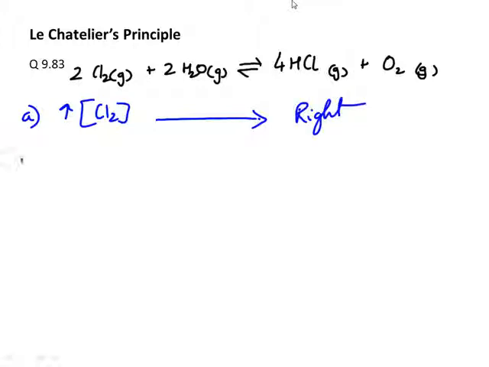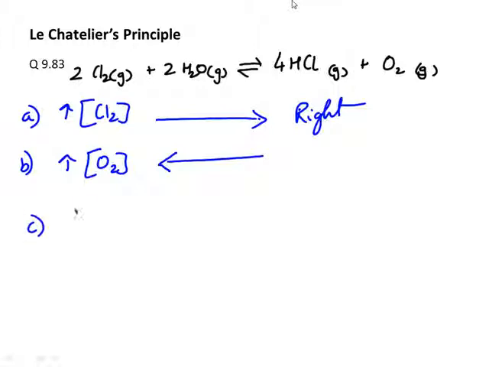Okay, B, if we increase the oxygen concentration. Oxygen now is in the product, so if you increase the oxygen concentration, the reaction equilibrium will shift towards the reactants instead to counterbalance that change, and some of that product will get used up.